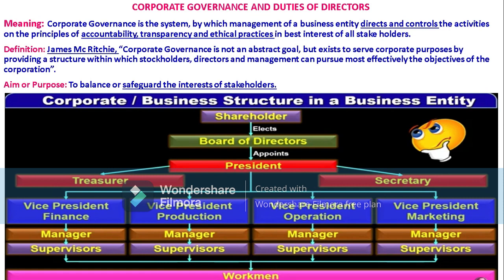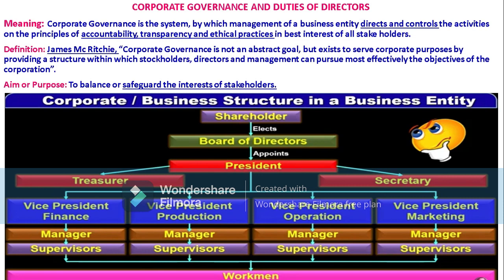All the C persons will be appointed, or screened and selected, by the board of directors. All these are the top executives. So the board of directors plays a very important role, and their roles and responsibilities impact the performance of the organization.